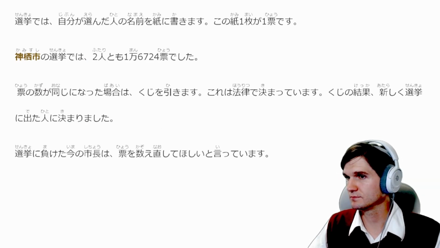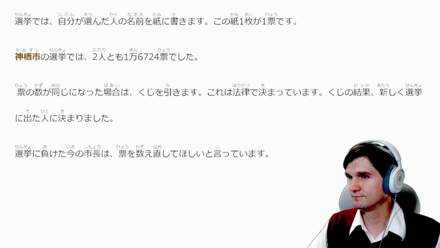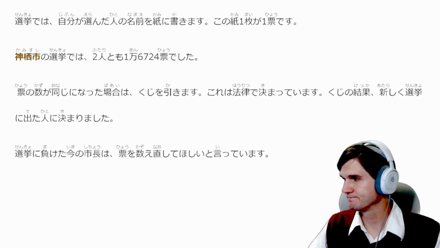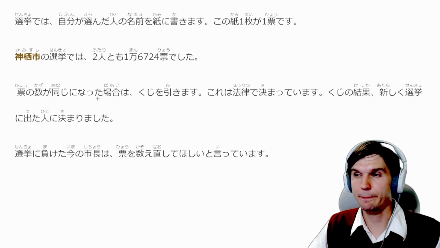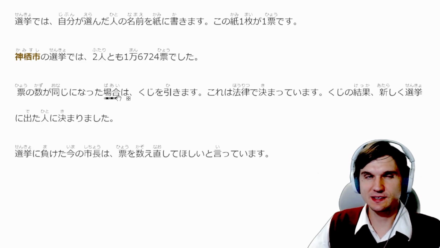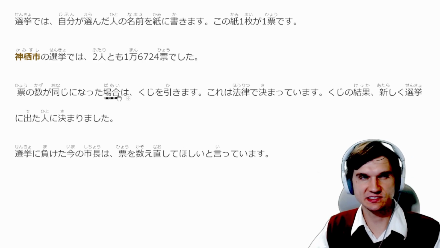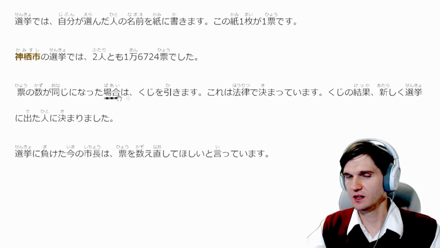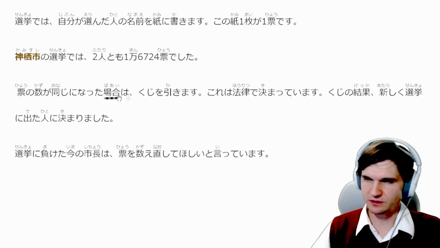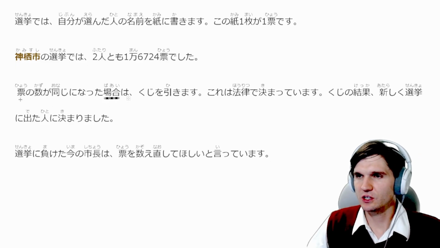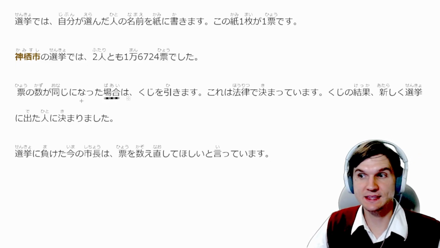票の数が同じになった場合はくじを引きます。Okay. 票の数が同じになった場合. 場合 is a word meaning in a situation or a circumstance. It's used a lot to describe certain situations. So here, 票の数が同じになった場合.